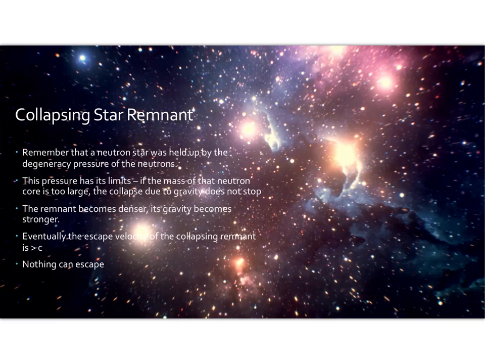So we go back to a star which would have exploded in a supernova, and you're left with a core that was made up of neutrons. That's, again, we're looking at the massive star. We had learned about neutron stars, which were those remnants that were left over after a massive star went supernova. And if you remember in the reading, that neutron star was held up by what we called the neutron degeneracy pressure.